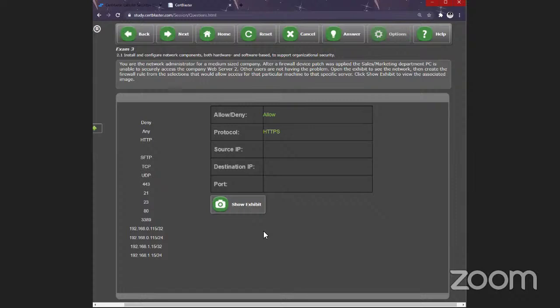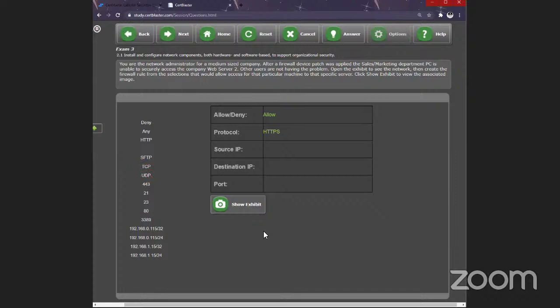All right. We're not going to use SFTP because we're not sending files. We're not going to select TCP or UDP for this protocol, because we want to send information or access a web server. These two are transmission protocols. All right, so what port are you going to pick since you already picked your protocol? 443.